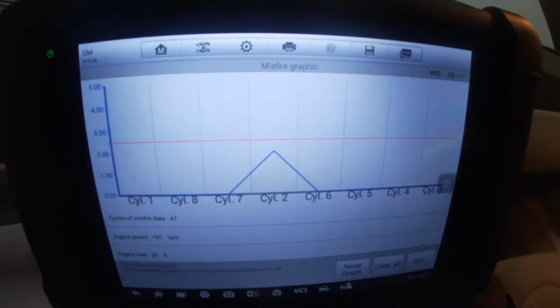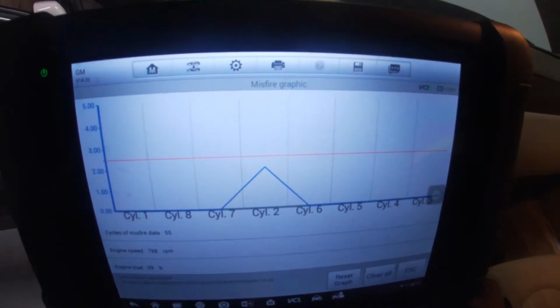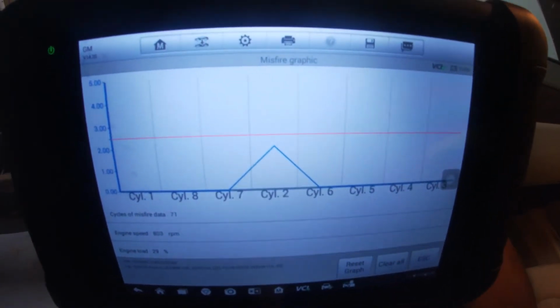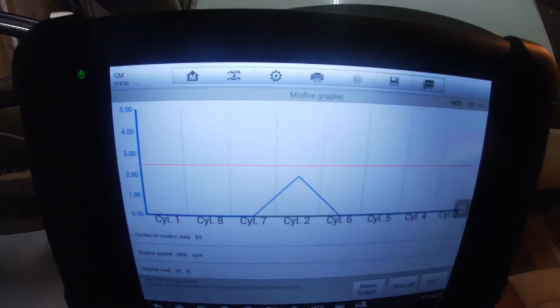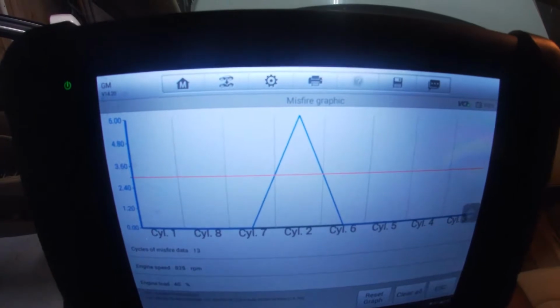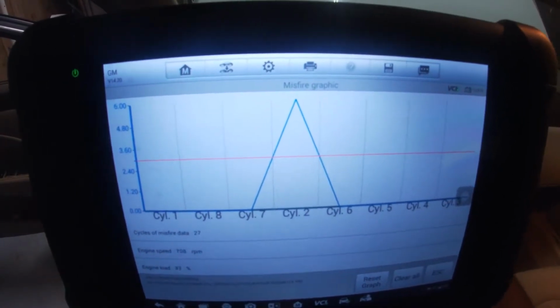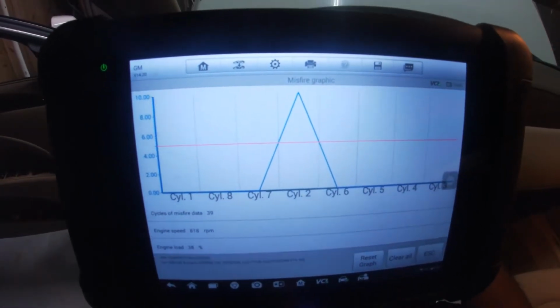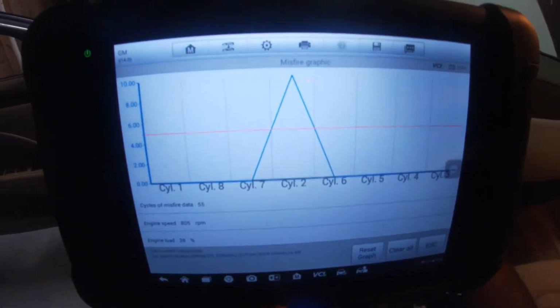Give it a few more minutes to see. We're going to go ahead and put it in drive just to give the engine a little bit more load. Oh, there it goes. Yeah, definitely the coil. No questions about it.